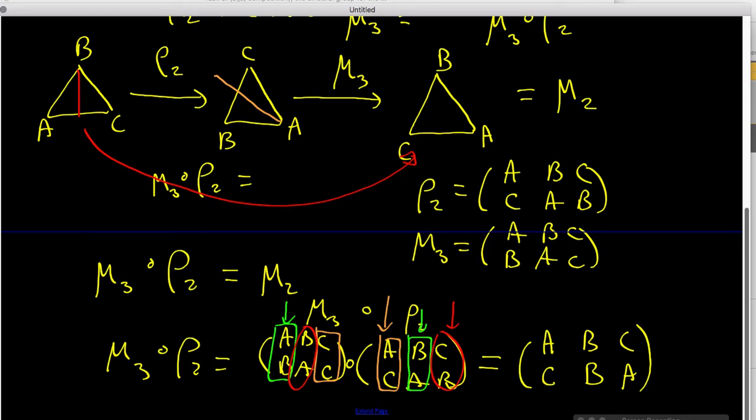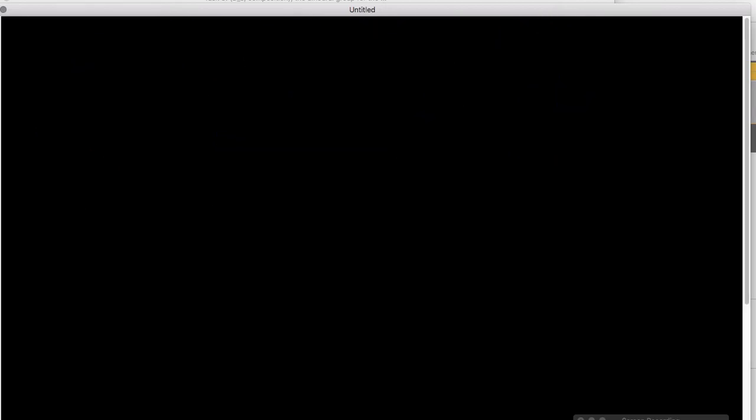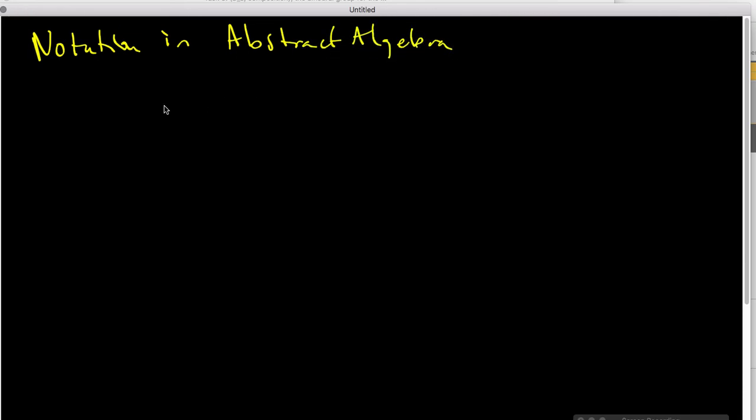The final thing that I want to note is a notation convention in abstract algebra. So there is an important notation convention in abstract algebra. In abstract algebra, we are never going to be multiplying functions together.